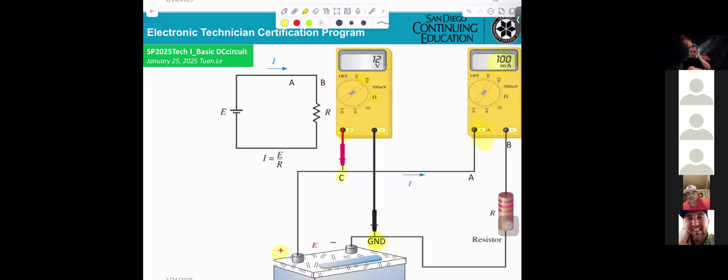You break the circuitry, so you connect one side here, another side here, and let the current flow through the meter to get the value. That's why in real work you rarely measure the current. Why? When you measure the current, you have to break the circuitry.